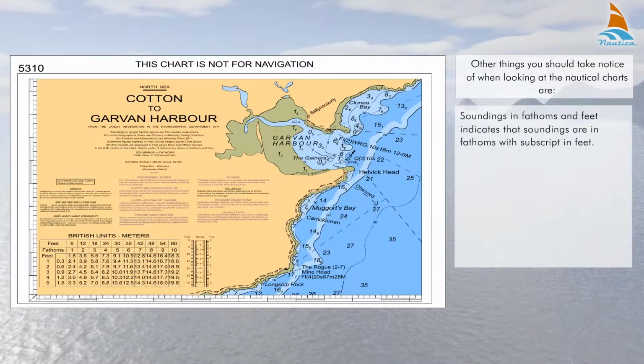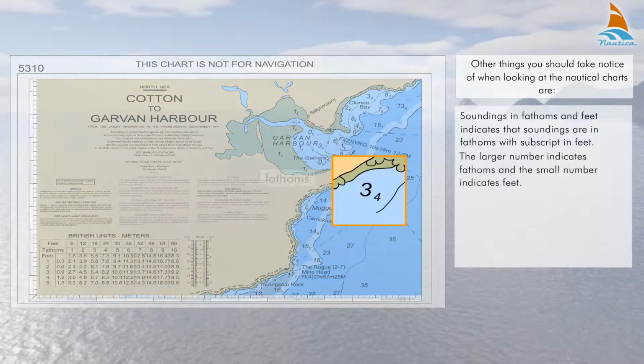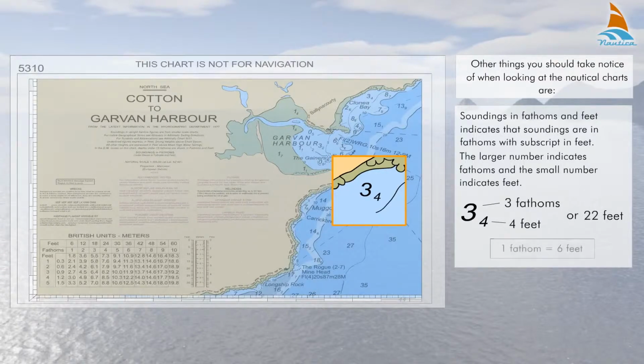Soundings in fathoms and feet indicates that soundings are in fathoms with subscript in feet. The larger number indicates fathoms and the small number indicates feet. For example, if you see a spot depth of a large 3 followed by a small 4, this indicates a depth of 3 fathoms and 4 feet, or 22 feet, as 1 fathom is 6 feet.